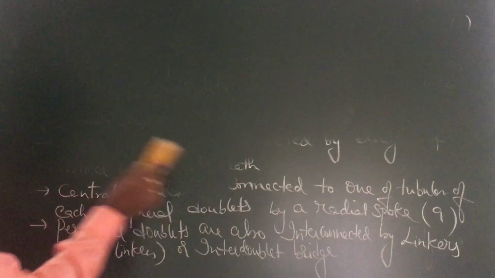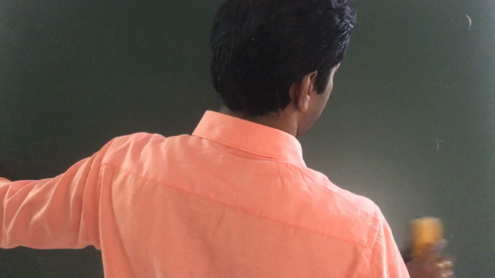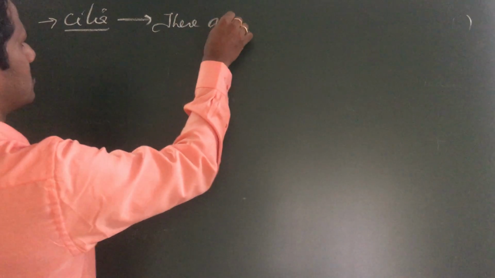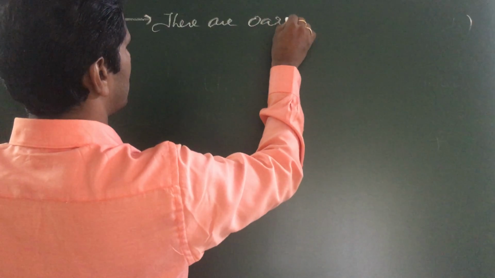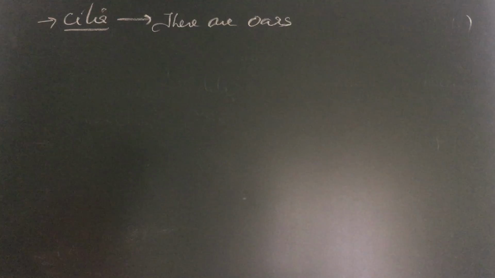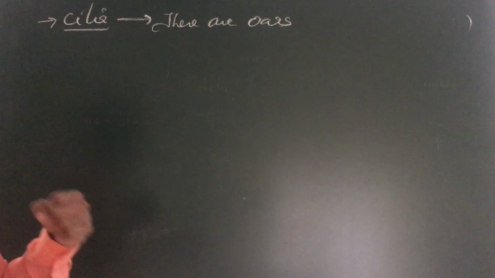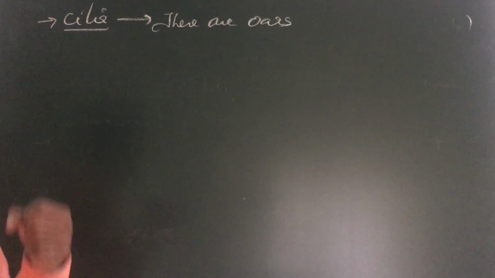So this is the explanation of the structure, that is the axoneme. Cilia are just like oars, that is, paddles. How do you move a boat when you row with a paddle?